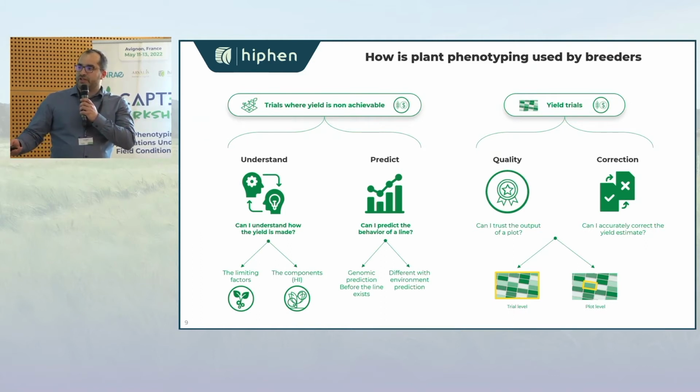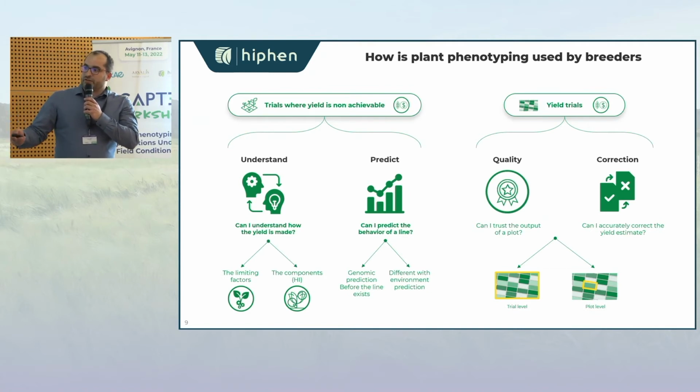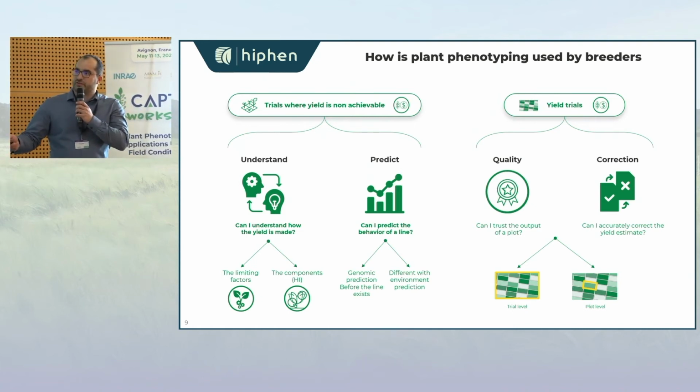And this is really about what I call the limiting factors and the yield components. And it's also to try to predict how those lines are going to behave, so what type of yield can they do in your diversity or in different environments. And we'll see a little bit about that.